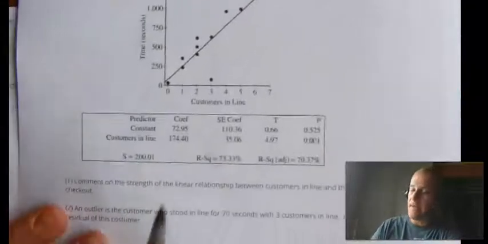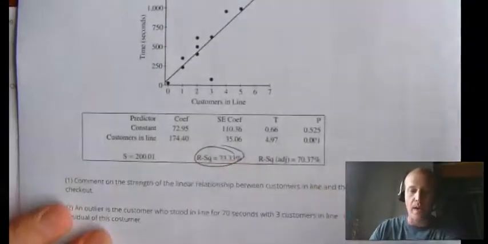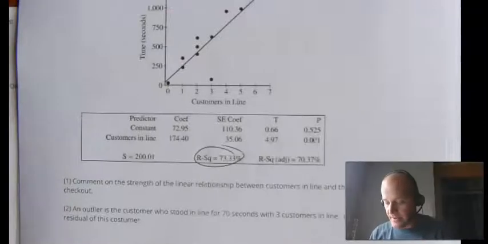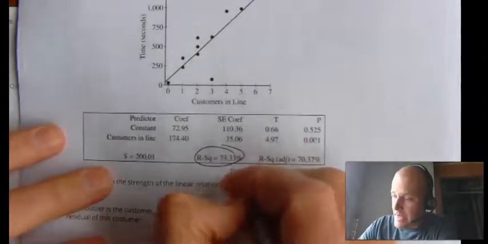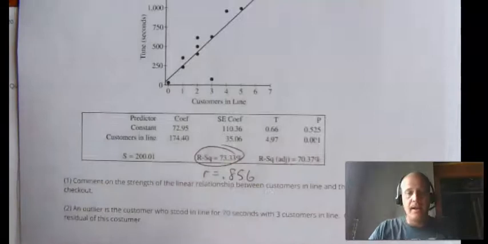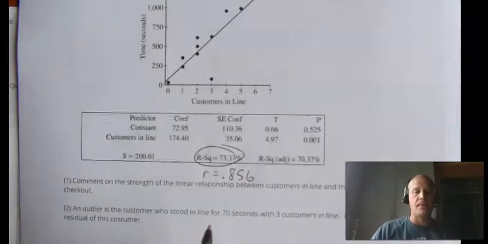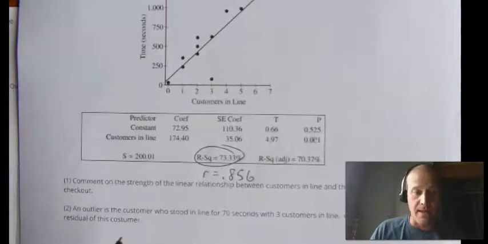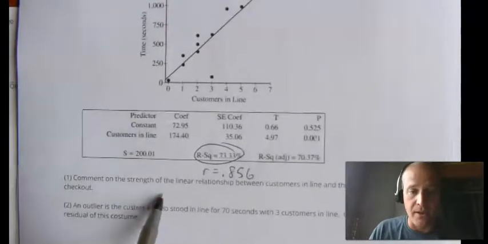And so for the final question, this number is the square of our correlation coefficient. So if I take the square root of 0.733, I get 0.85. So this right here, r, has a value. So my correlation coefficient is 0.856, and you need to reference that when you comment on the strength of the linear relationship.